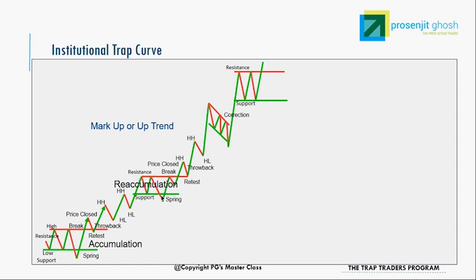Okay, after the sideways move, price suddenly breaks out above. Okay, and after this breakout, price suddenly fails to move up and comes down back to the support. Okay, so when this happens, we call it an upthrust.